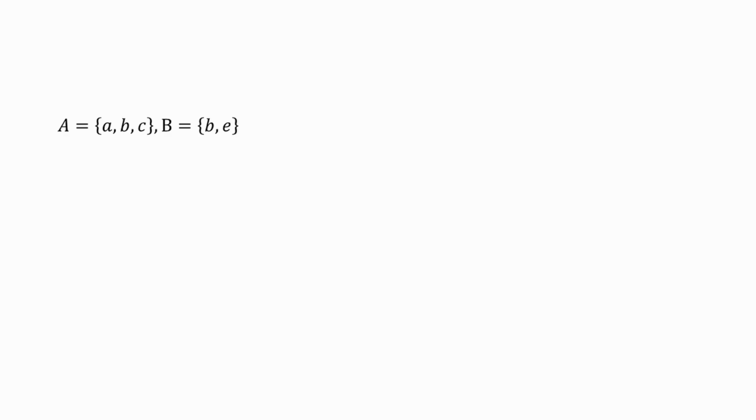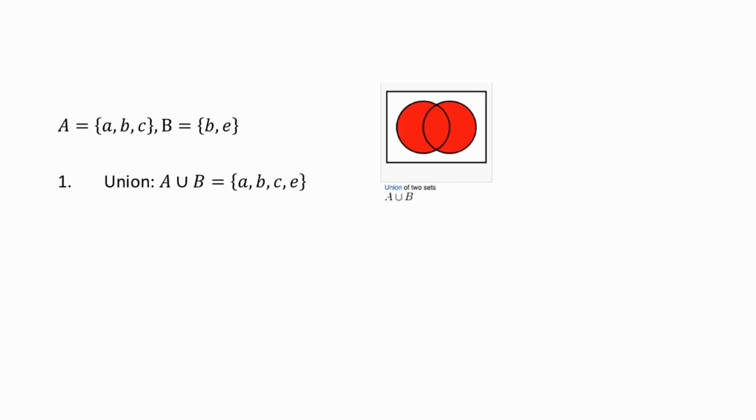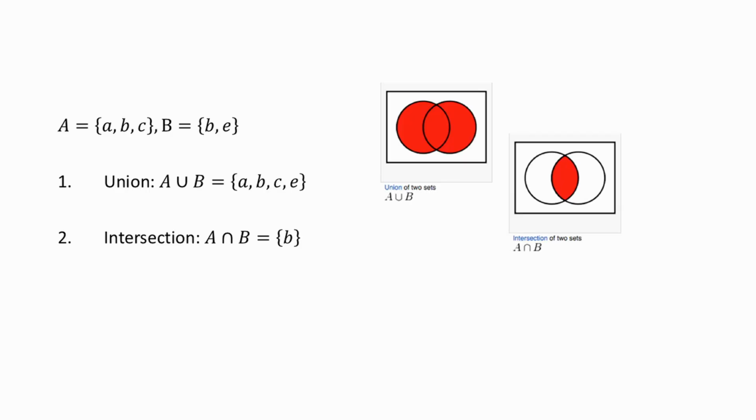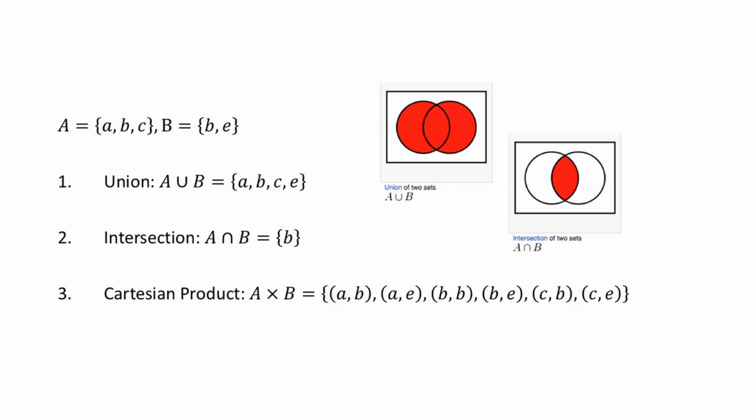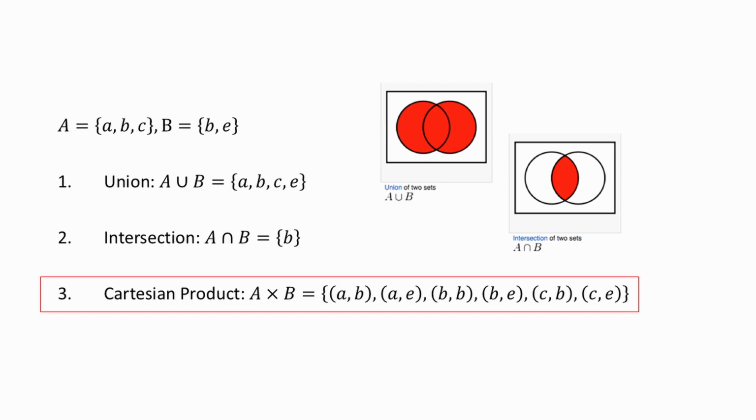The most common ways are union, which means taking all of the elements from both sets, intersection, which means taking elements that are common in both sets, and Cartesian product, which means taking all ordered pairs as elements with the first entry from the first set and the second entry from the second one. Keep the third one in mind, it will come in handy later on.